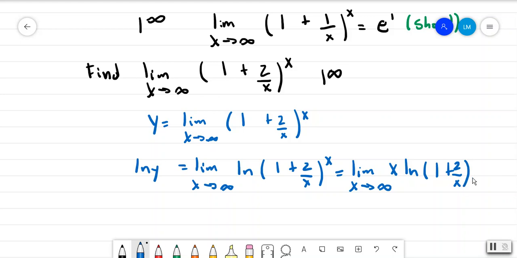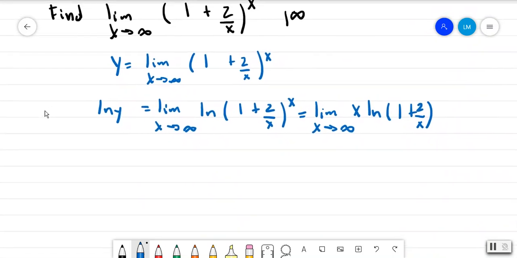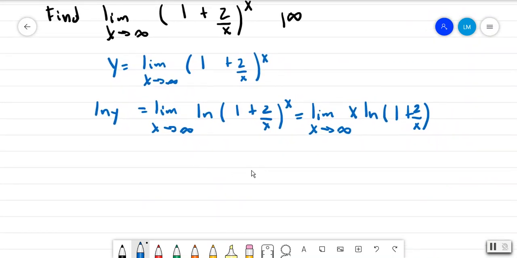Now, note that when we rewrote it, this is infinity times 0. Okay, that's kind of interesting because now it's infinity times 0. So what that means is that we have to rewrite it.